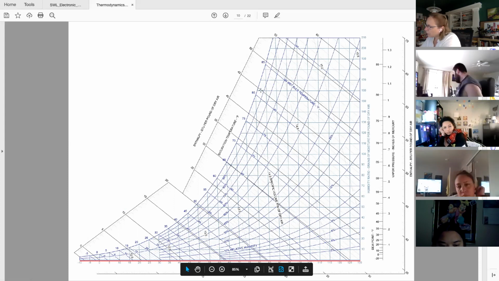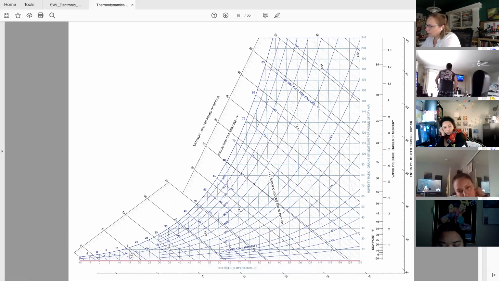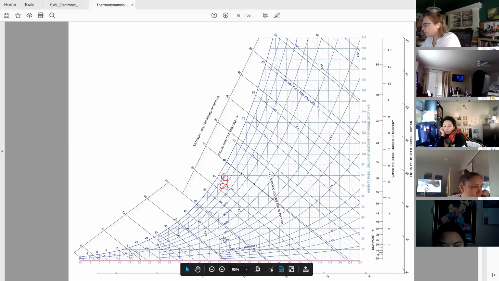We still have our curved lines, our percentage of relative humidity. So we have 90%. This chart doesn't actually say 100%. Top line is 100, and we have 90, 80, 70, 60, down to 20.